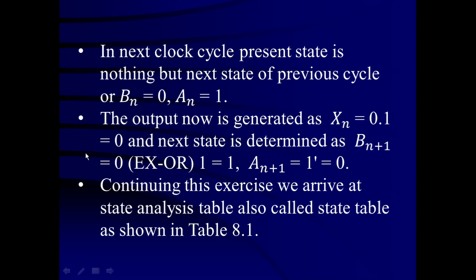So Xn is going to be 0, and the next state is determined as Bn plus 1 equal to 0 XOR 1, which is equal to 1, and An plus 1 is equal to 1 dash, which is going to be 0.